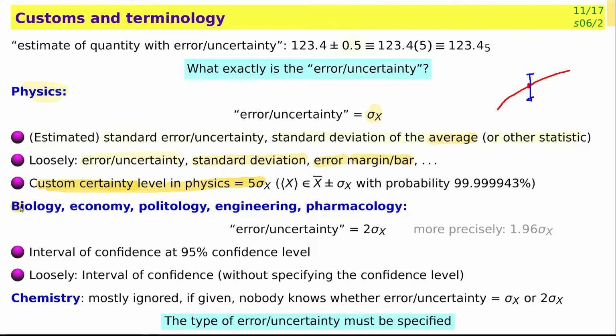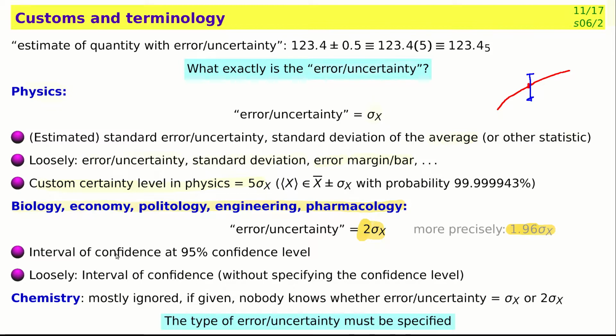But in other branches of science, particularly in economy, or let us say drug testing, that is pharmacology, it's common to use 2 sigma, 2 standard deviations. It's more precise if we know 1.96, but actually it doesn't make sense to distinguish. This is 2 approximately.